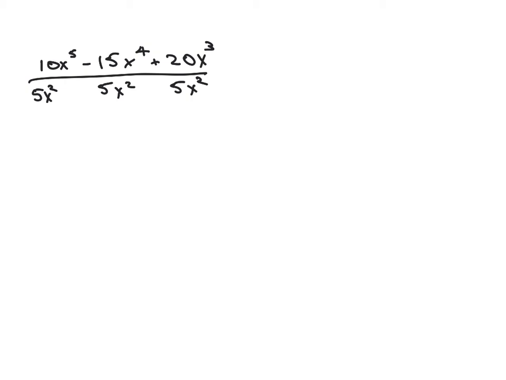Now all I have to do is reduce. 10 over 5 is 2. x to the fifth over x squared: remember, when you divide exponents, you subtract. 5 minus 2. 15 over 5 is 3. 4 minus 2 is 2. 20 over 5 is 4. x to the third divided by x squared is 3 minus 2, which is 1.